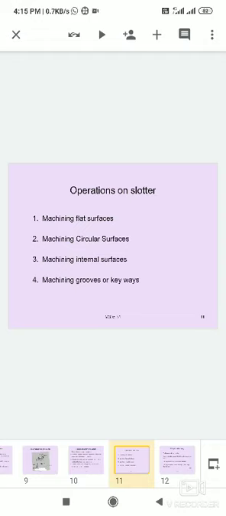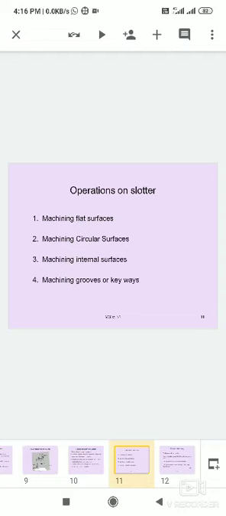Machining irregular surfaces and cam profiles. For machining irregular contours and cam profiles, the work is fed simultaneously in three directions, that is by combining cross, longitudinal, and rotary feed movements of the table.